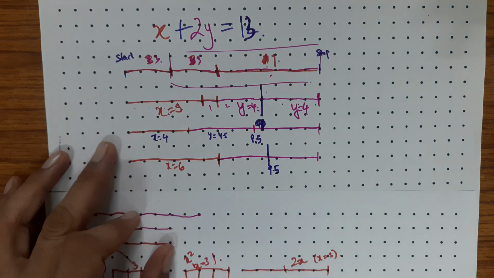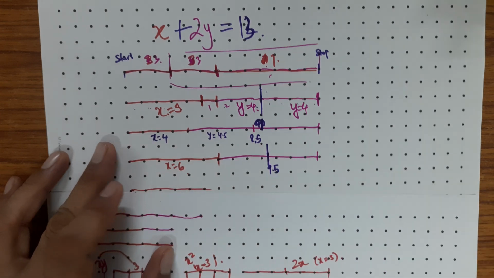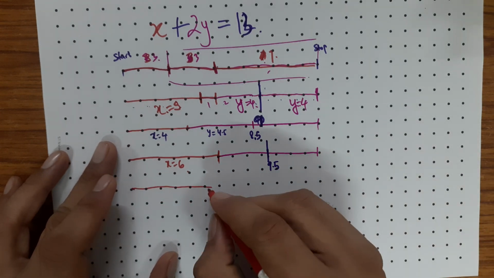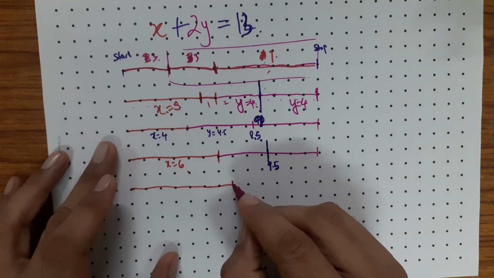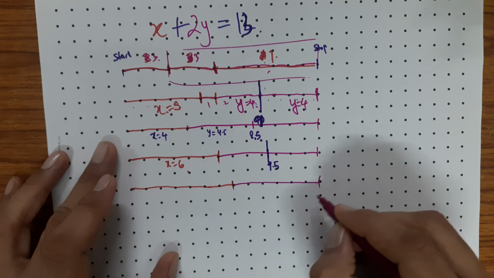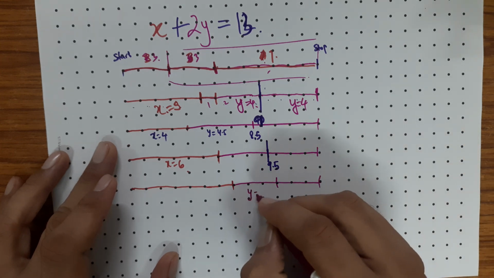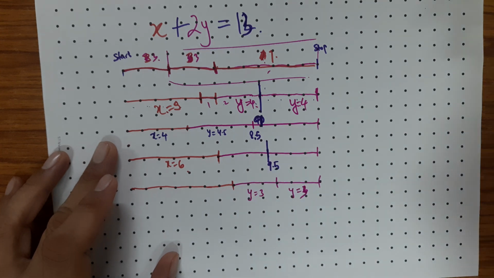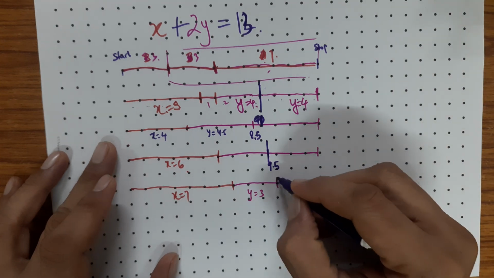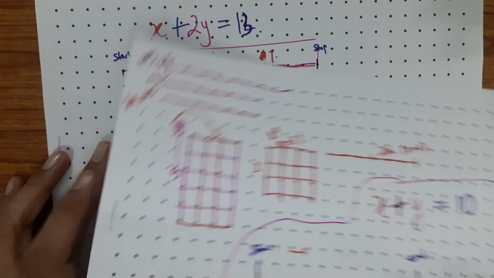So when x becomes equal to 7, then what is left is 6. So y can be half of that. So y is 3, x is 7, and the total, as you can see here, has become 10, which is what we started with.